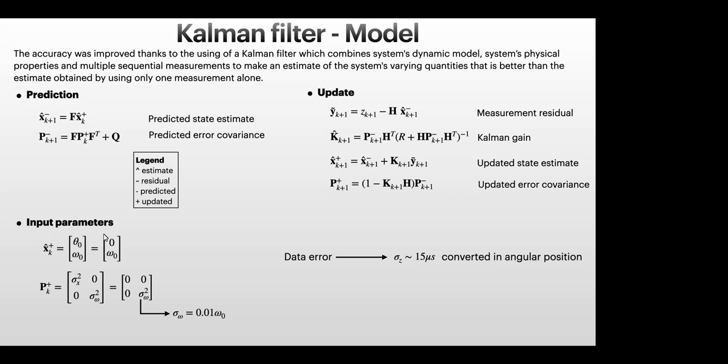The only input parameters we need are the initial parameters, so the initial angular velocity and its error, and also the error on the data we take. The error of the data we take is related to the standard deviation of the distributions we saw before.